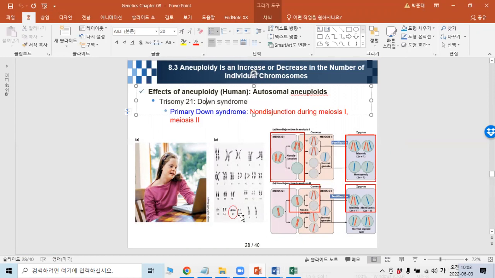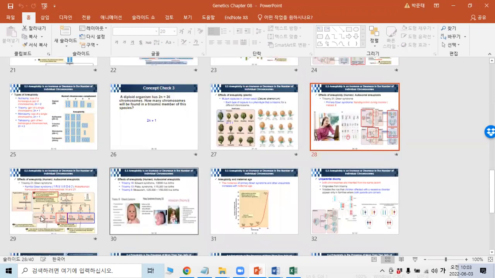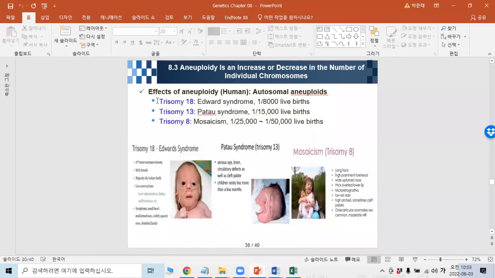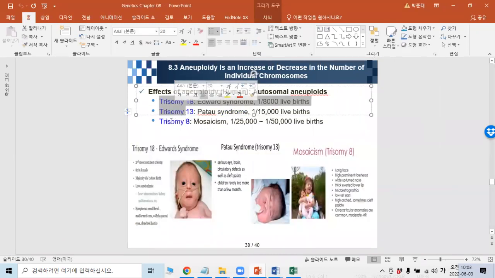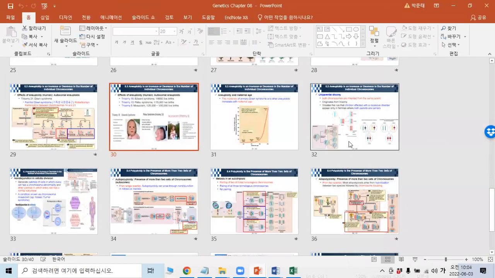Their chromosome 21 has 1, 2, 3, like this. Also trisomy 18, 13, or trisomy 8, there are several cases like this.